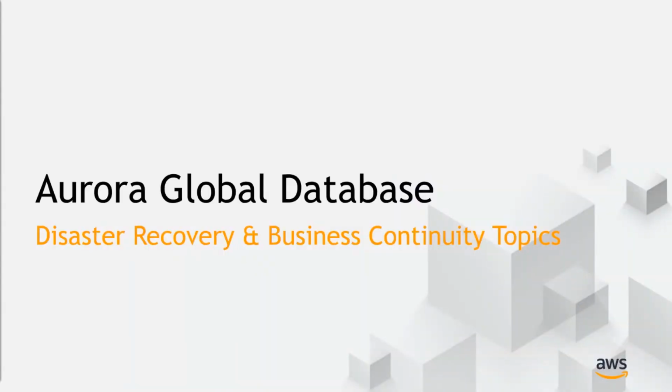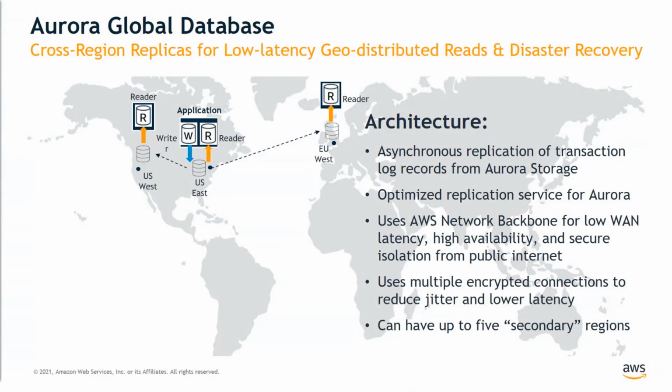Okay, so let's talk a little bit about global database now, disaster recovery and business continuity. Aurora features something that we call global database. And this uses asynchronous replication of transaction logs, just like you have in region, but to store copies of your cluster in other regions. It's highly optimized for Aurora.